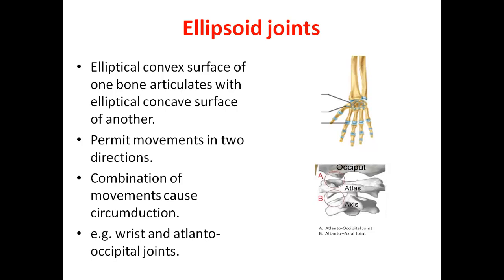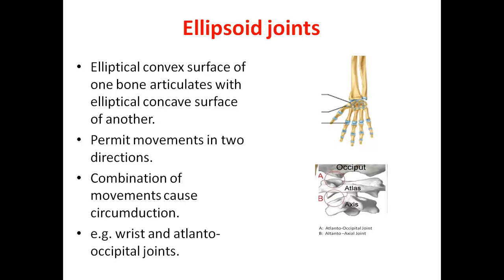That is the union between the carpal bones and the radius forming the wrist joint.